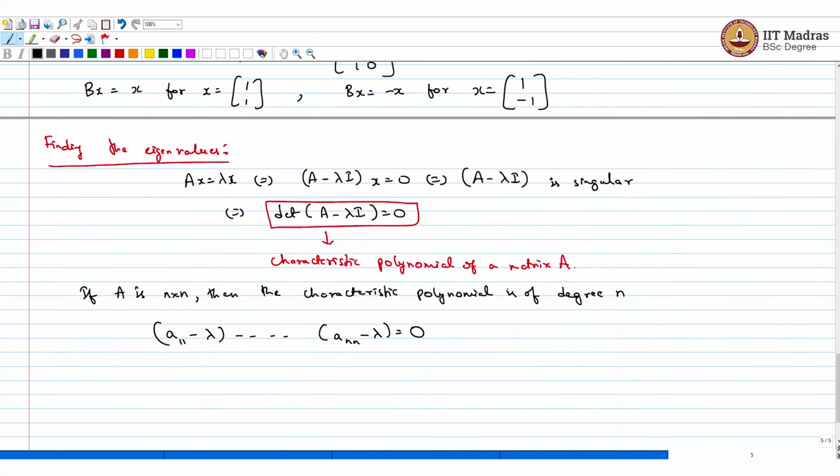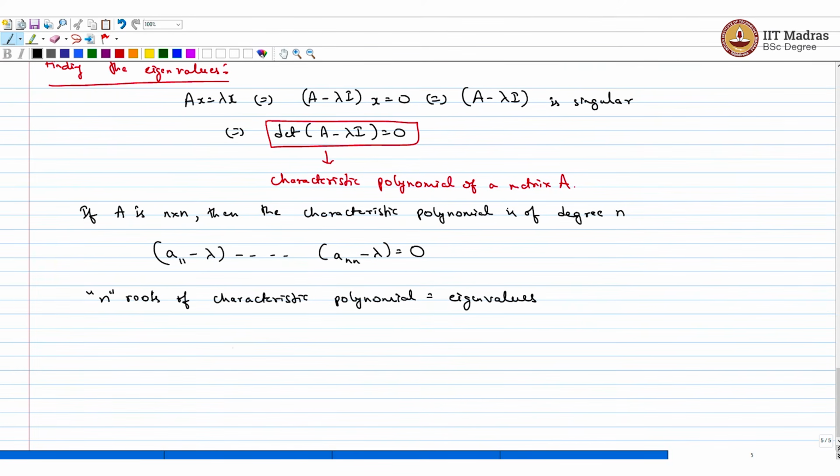That would be the characteristic polynomial. The n roots of the characteristic polynomial, the roots of this equation, are the eigenvalues. So that's how you find them.